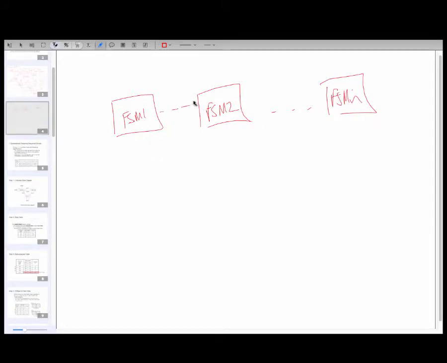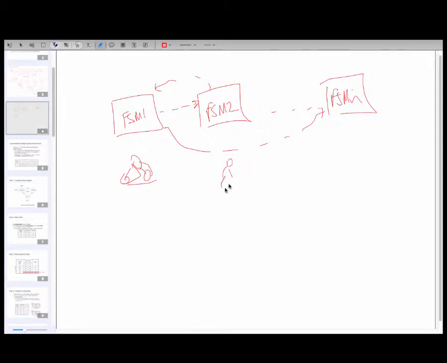This one's output may be to FSM, and this may send some signals. This may send signals out here, and each one of them is running in parallel. FSM1 could be in some state, FSM2 could be in some other state, FSM3 could be in some other state, and so on and so forth. So each one of these is some state machine.